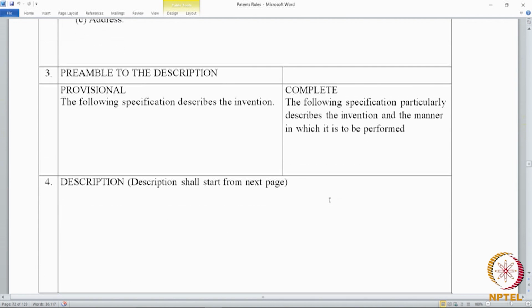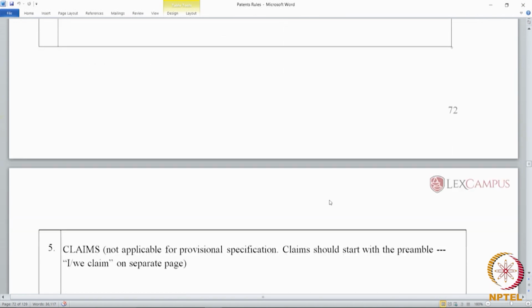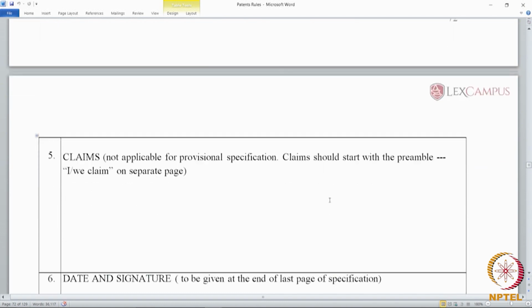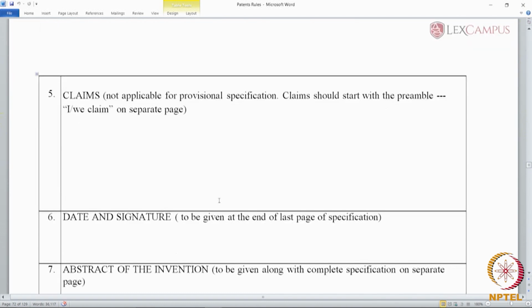Then you have a description, and the description will be of the invention. Then claims in clause 5. Now, if you see here, it is mentioned not applicable for provisional specification. Claims should start with the preamble "I/We claim" on a separate page.